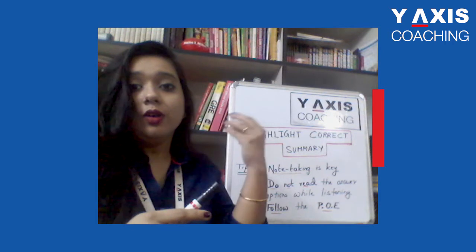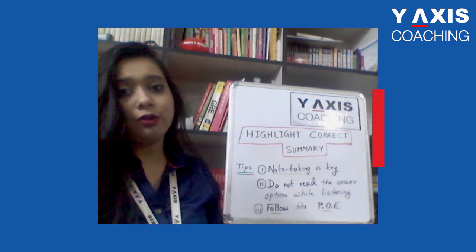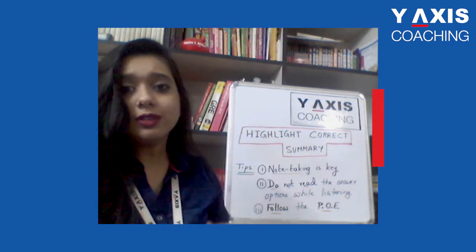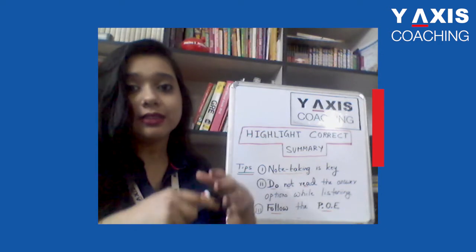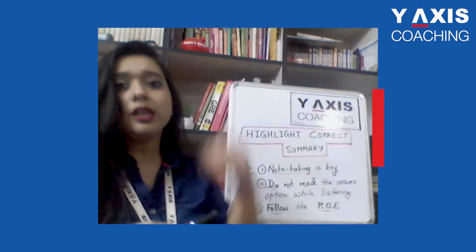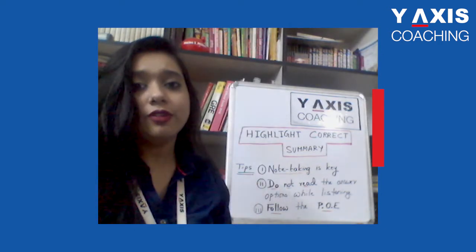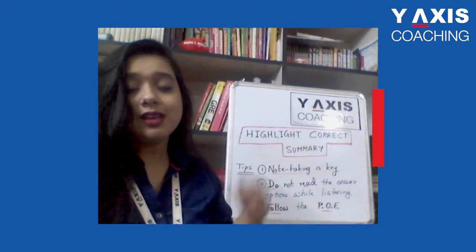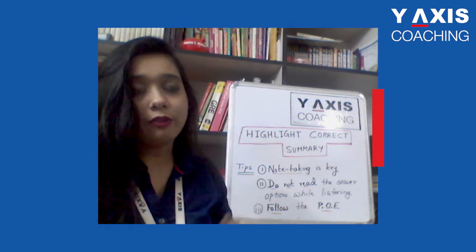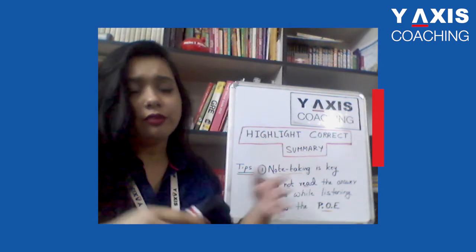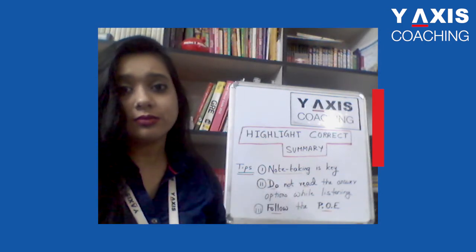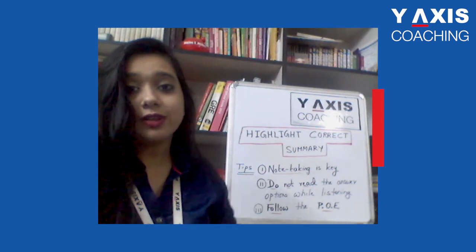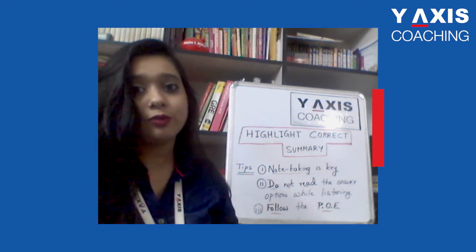Now, the lecture would be played for around 2 minutes. And then you will see 3 to 5 answer choices on your computer screen. These answer choices very often have 40 to 50 words.